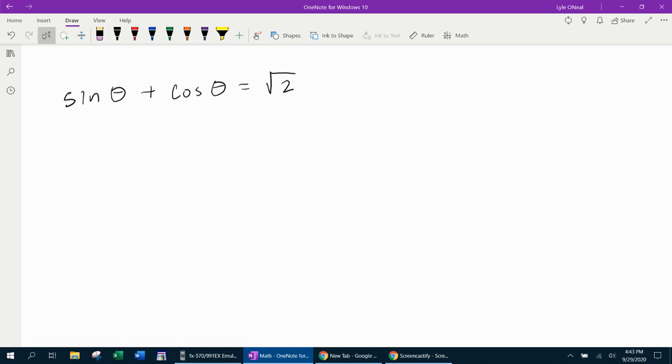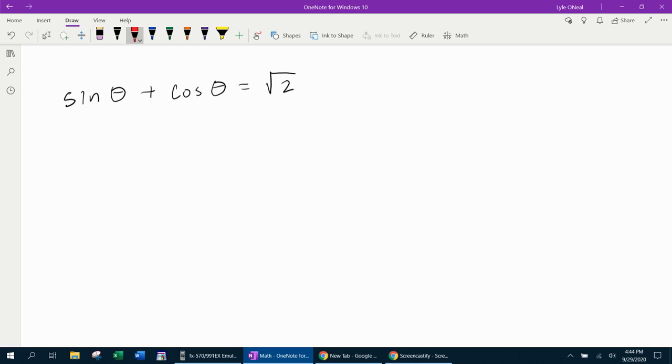We have sine theta plus cosine theta equals square root of 2. And we want to solve for theta. And so what I'm going to do first is going to look like, what are you doing? But stick with me. It'll make sense as we go, okay?